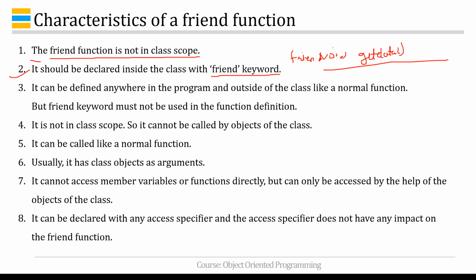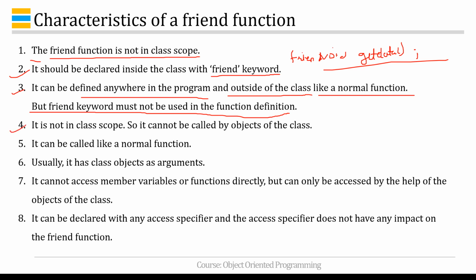It can be defined anywhere in the program, outside of the class, like a normal function. But the friend keyword must not be used in the function definition. While declaring, you must declare inside the class that this function is a friend of this class, but while defining it you need not use the keyword. We will see with the help of an example.